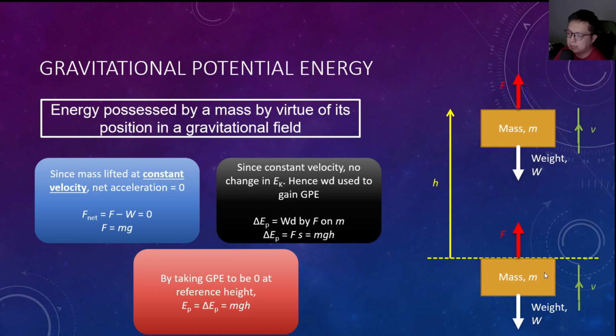If I set the GPE here to be 0, and from here to the top I gain mgh of GPE, so my delta GPE is equal to mgh. But if my original GPE is 0, that means my GPE at that point is mgh.